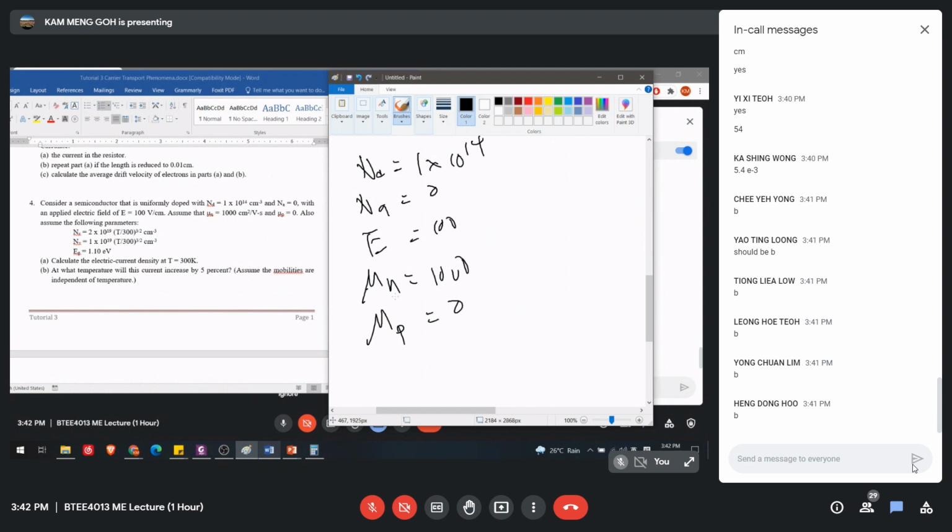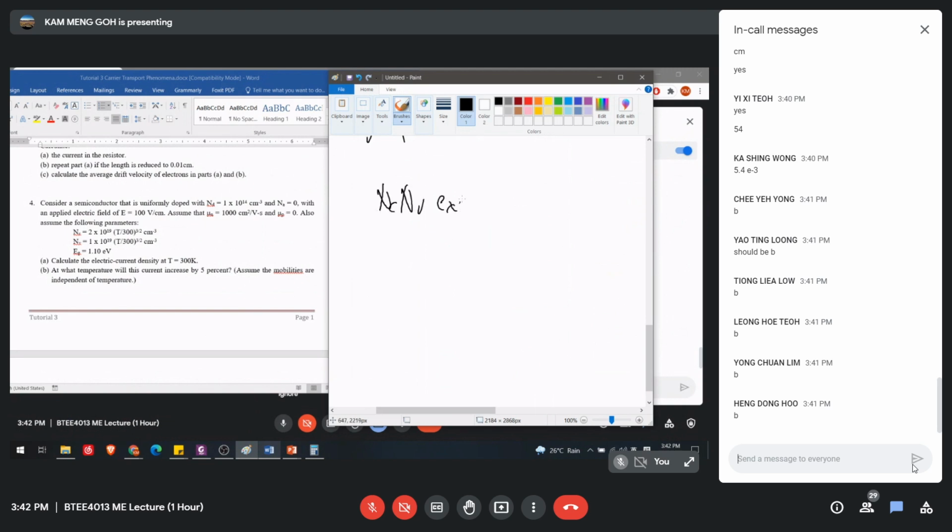So NC and NV are given here. EG is also given here. In this case, you need to calculate your NC, NV, exp negative EG over KT to get your NI square. After calculating the NI square, in order to calculate the drift current density, you need to use the ND and NA information.